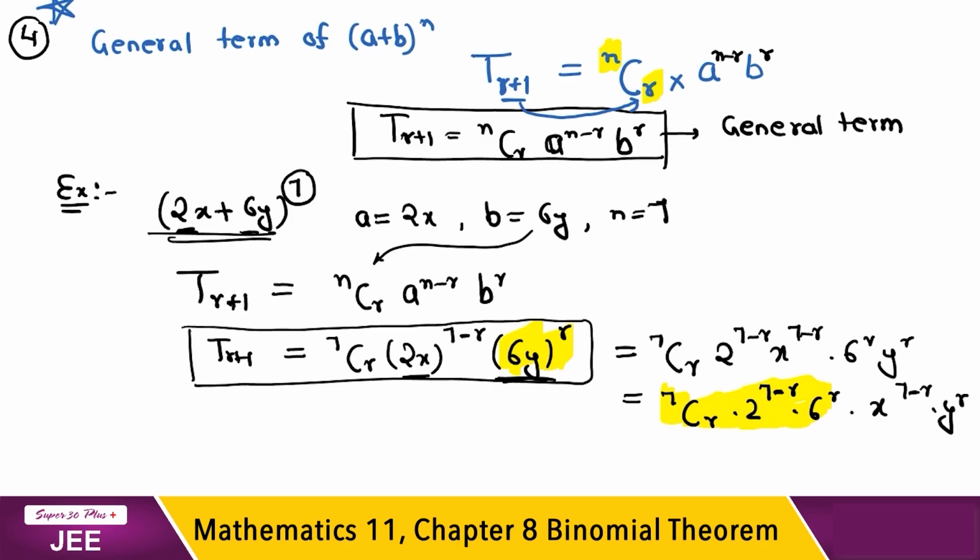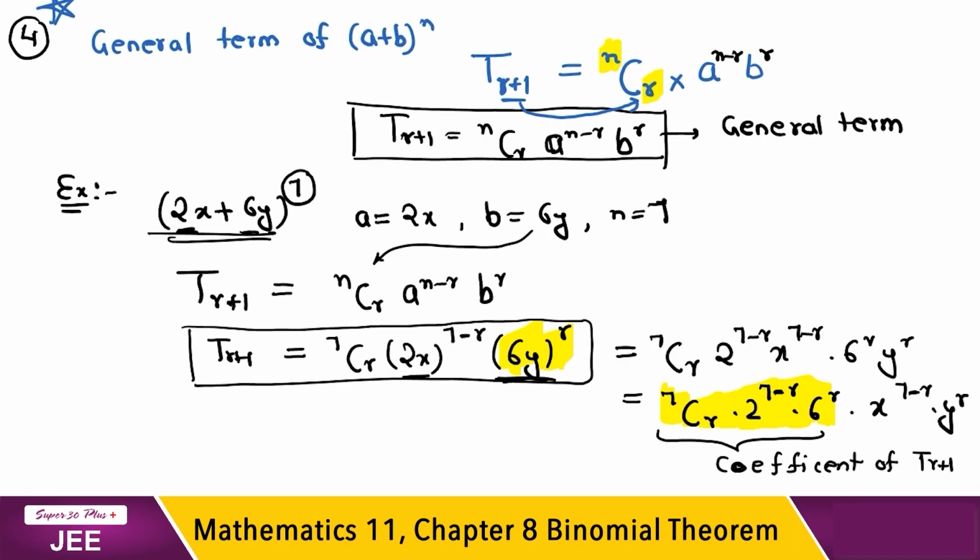So it is going to be some numerical value, and 2 raised to the power 7 minus r is also going to be some numerical value, and 6 raised to the power r is also going to be some numerical value. So this is called coefficient. This is called coefficient of T r plus 1, whichever term it is.